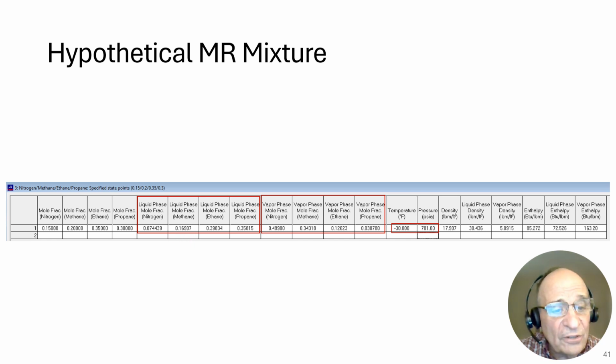And the propane, you'd expect that to go up in the liquid phase, which it does, up to 36%, and down in the vapor phase, which it does, from 30% down to 3%. Now these 2 separate MR mixtures of different compositions can be used in a heat exchanger for different levels of refrigeration. The MRL would be used for cold refrigeration, and the MRV would be used for very cold refrigeration.